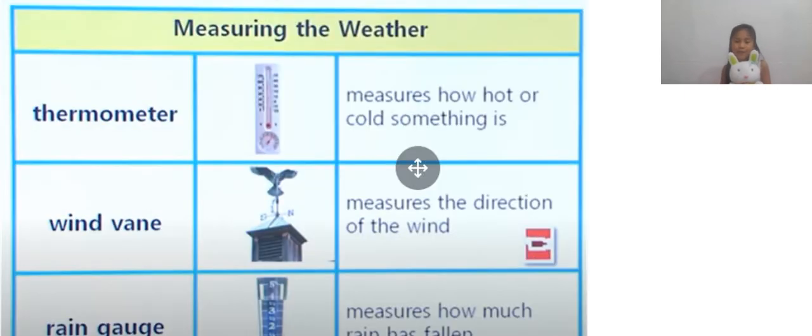Wow, so what did we learn today? We learned how to measure the weather. Now I have a project for you. Maybe in your house, can you find a thermometer? My house has many thermometers in many different places. Ask your mom or dad or the adults, is there any thermometer in my house?